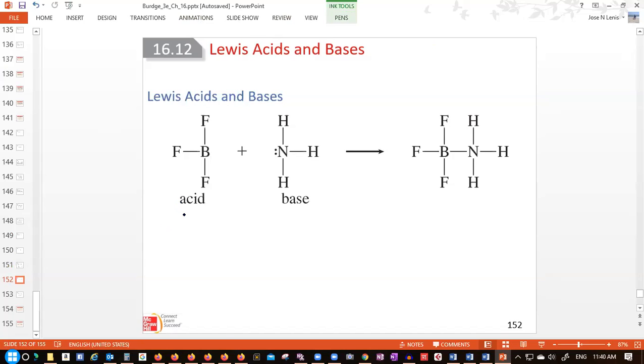What is that? Octet rule. How many electrons around boron in this structure? 2, 4, 6. It's quite stable, it exists, but it can be better, right? It can get more stable if it achieves 8 electrons around boron. So that means boron lacks a pair of electrons.